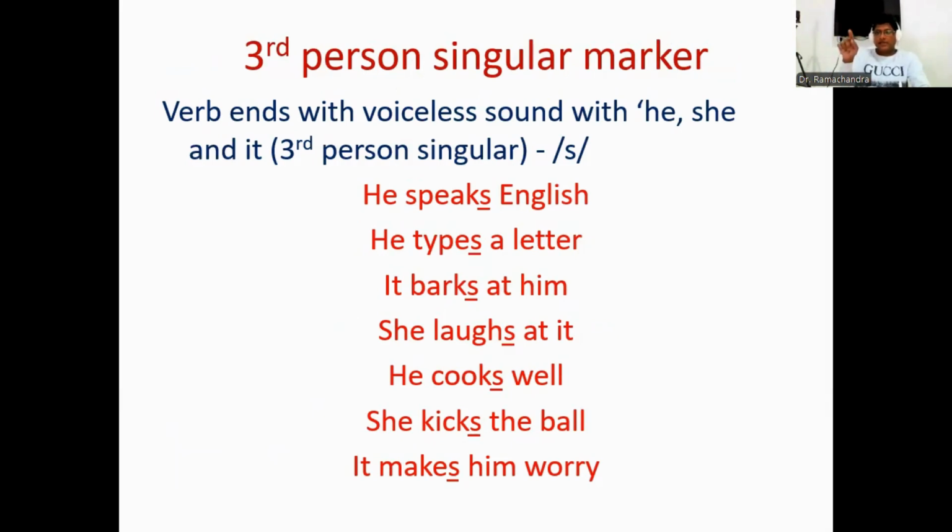And when you add that s, which sound comes before it? He speak, k, voiceless again. So when I add that s, it becomes s, but not z. He speaks English. He type, p, again voiceless. He types a letter. It bark, k, voiceless, barks at him.